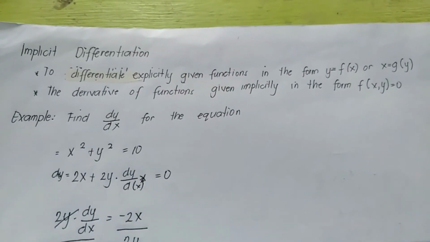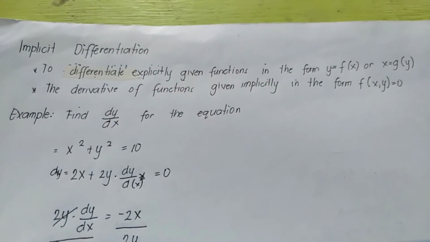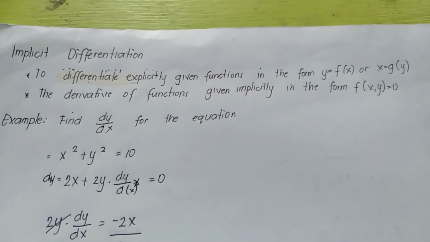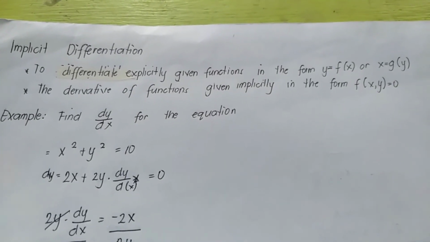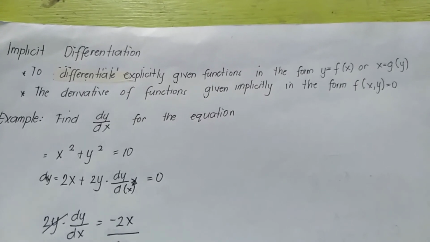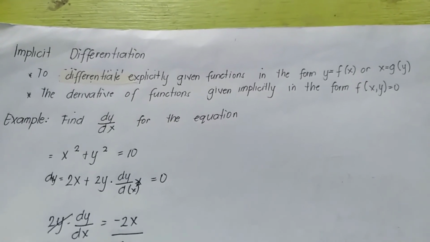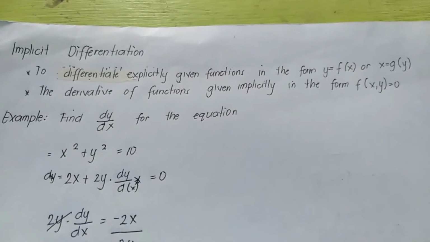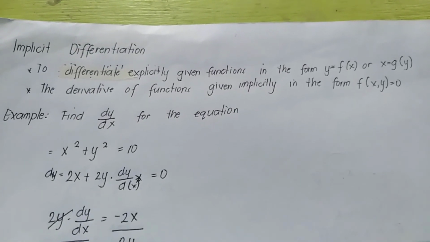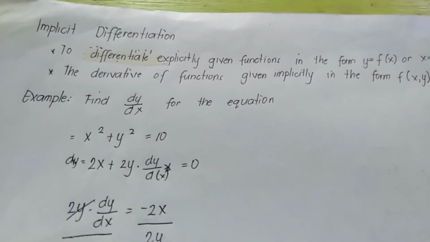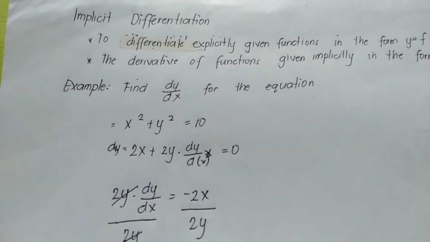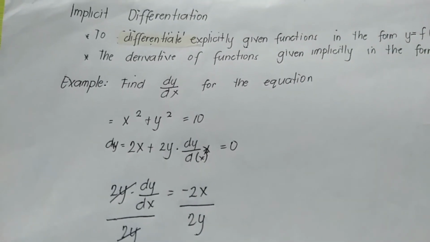So, implicit differentiation. To differentiate an explicitly given function in the form y is equal to f of x or x is equal to g of y, versus the derivative of a function given implicitly in the form f of x and y is equal to 0. So, for example, find the derivative of the equation x squared plus y squared is equal to 10.